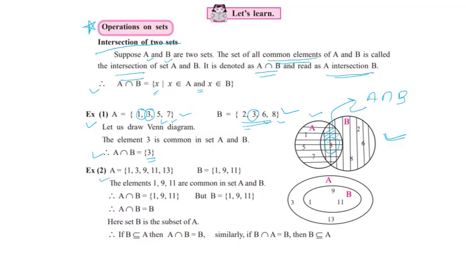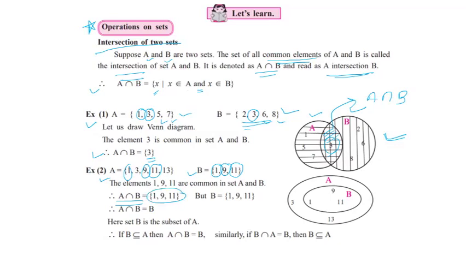Again, A and B two sets are given, and we have to find A intersection B, the common elements. Now see which are the common elements. 1 is present in both sets. Next 9 and then 11. 1, 9, 11 are the common elements, and 3 and 13 are present in A but not in B. Therefore A intersection B equals 1, 9, 11.